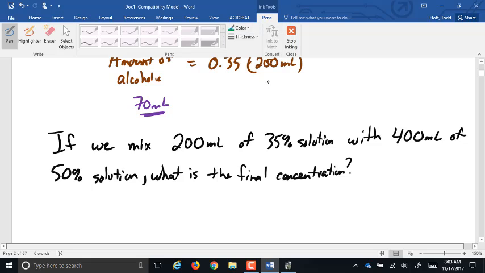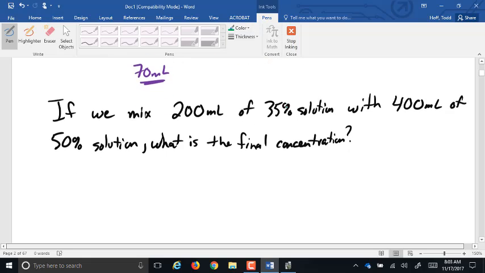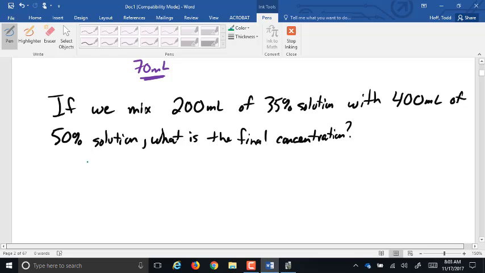So what we have here, the one thing that is constant is the amount of the active ingredient has to add up.